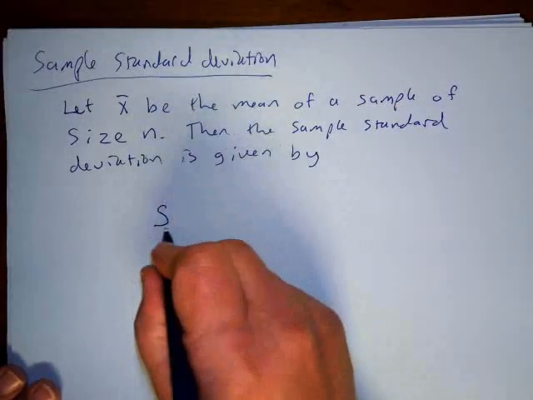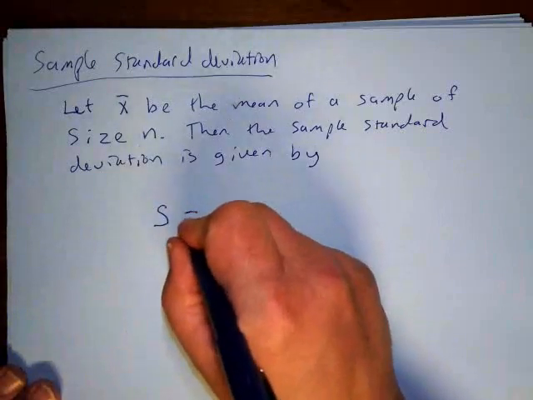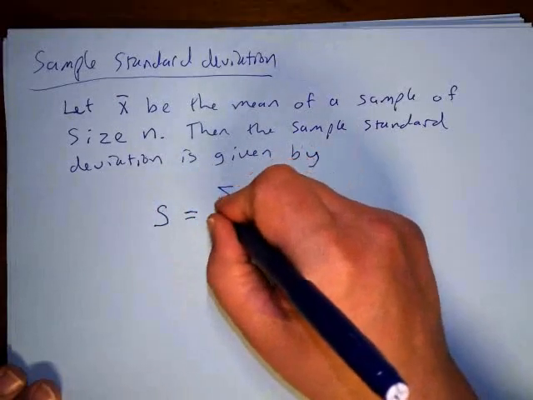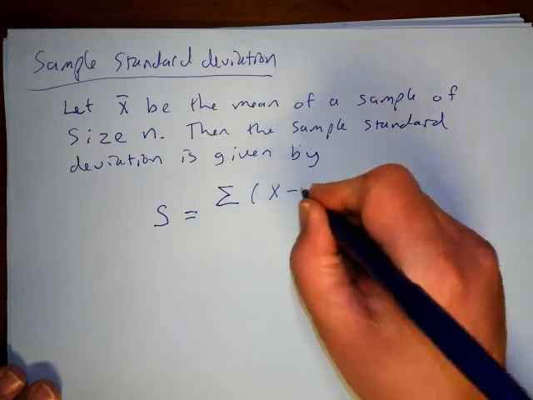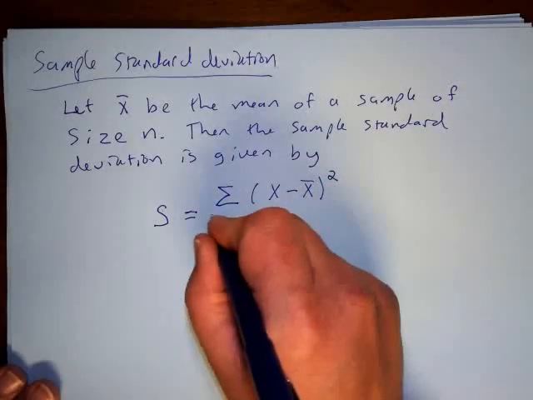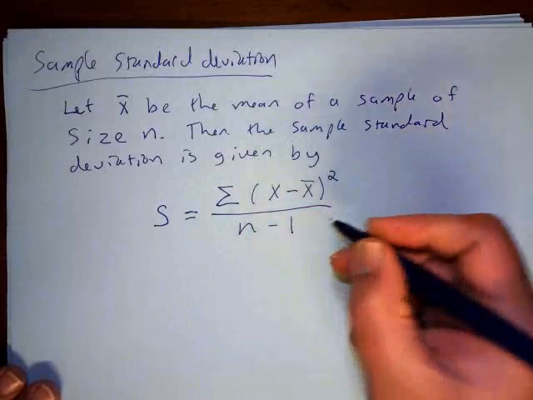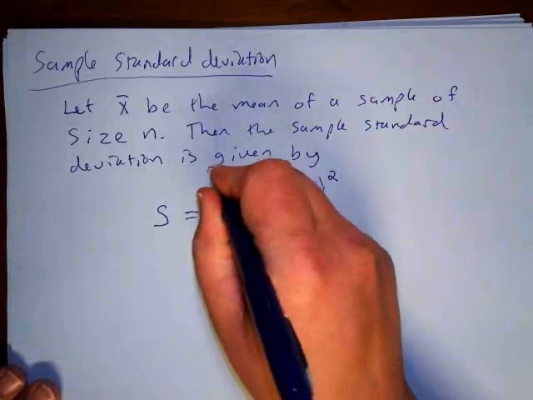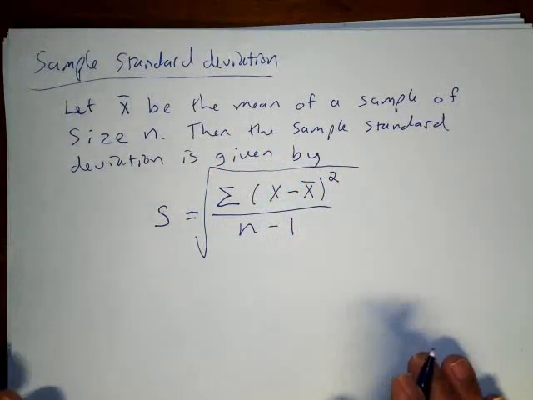Okay, we're going to use s to represent the sample standard deviation, and it's going to be the sum of (x minus x bar) squared, all divided by n minus 1, and then you're going to take the square root of that. And that's going to be the formula for the sample standard deviation.